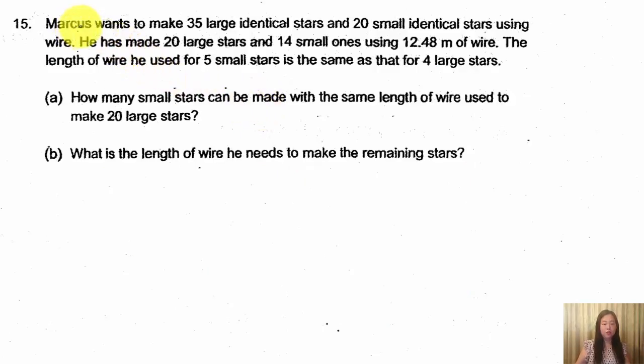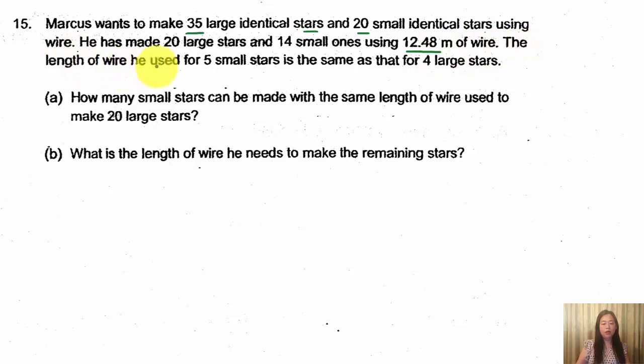Question 15. Marcus wants to make 35 large identical stars and 20 small identical stars using wire. He has made 20 large stars and 14 small stars using 12.48 meters of wire.